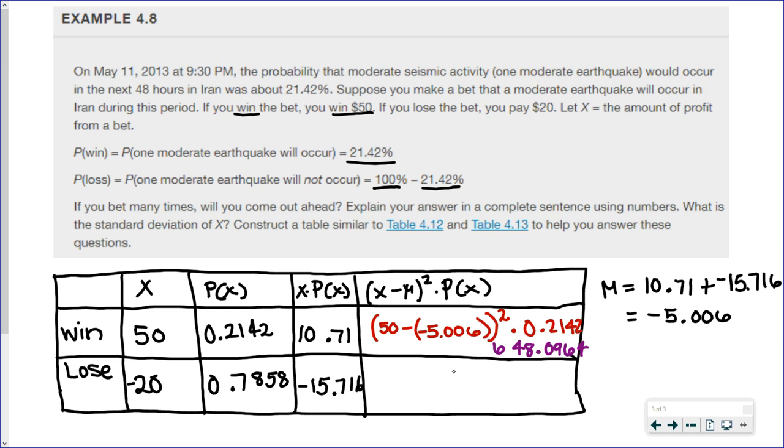Now let's do the column for lose. For lose, our x value is negative 20. We're going to subtract this mu. Then we square it and multiply by p of x, which is this number here, 0.78.